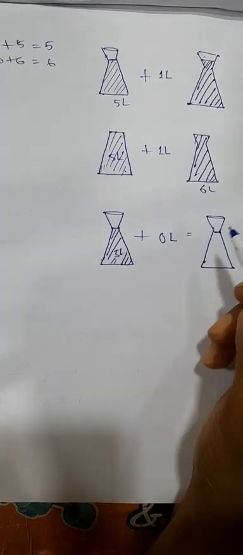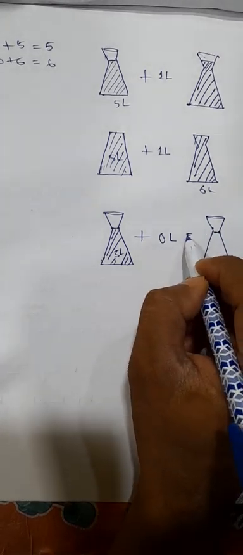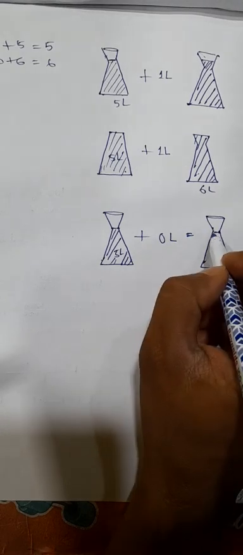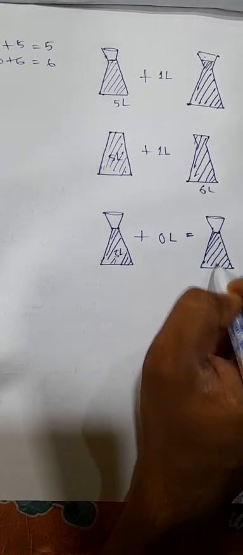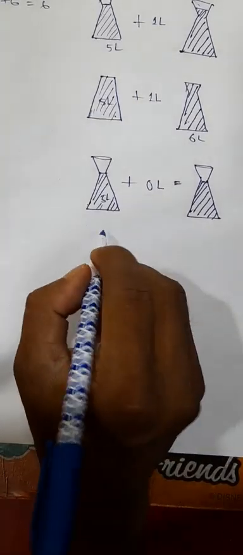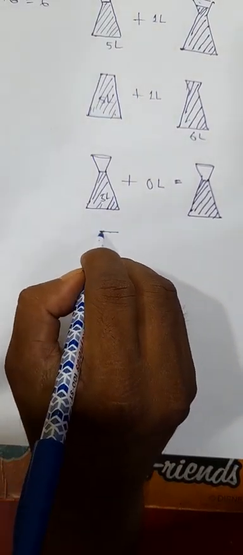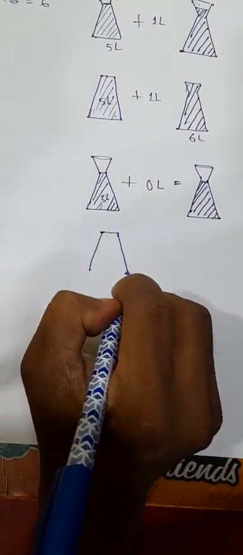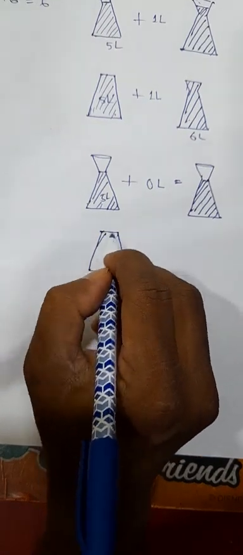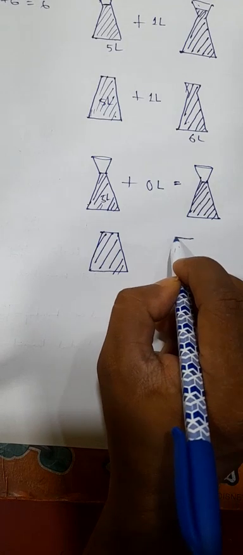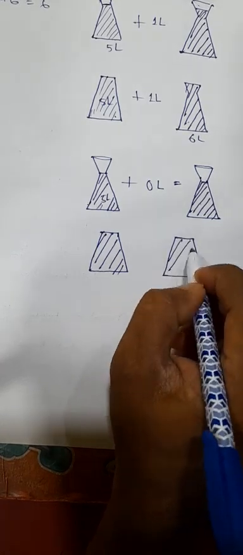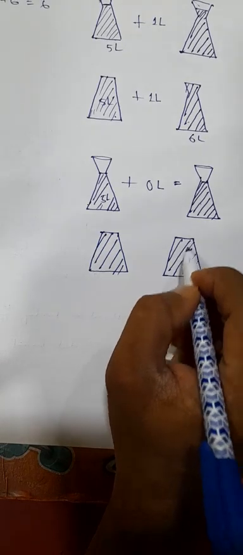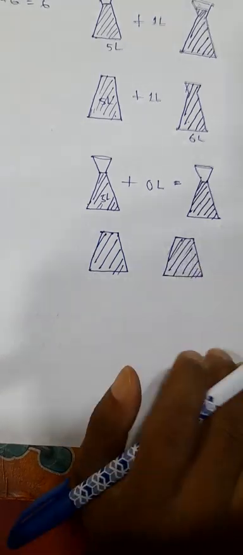Zero liter means nothing. When you are adding 0 liters, that means nothing, so the level of water will remain the same. The shape of water in the container will be like this. Before adding 0 liters of water, it was like this, and after adding 0 liters of water, the shape remains the same.